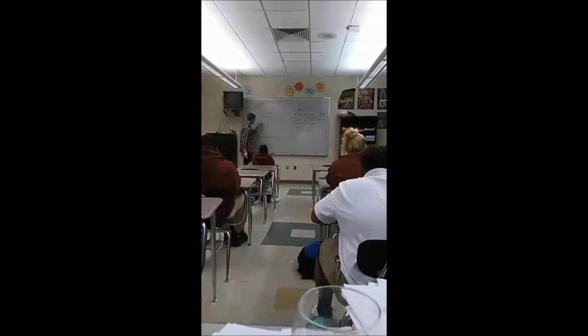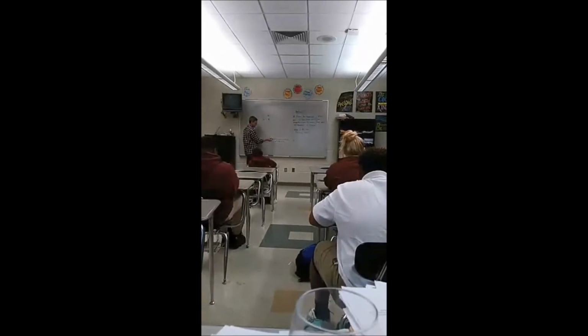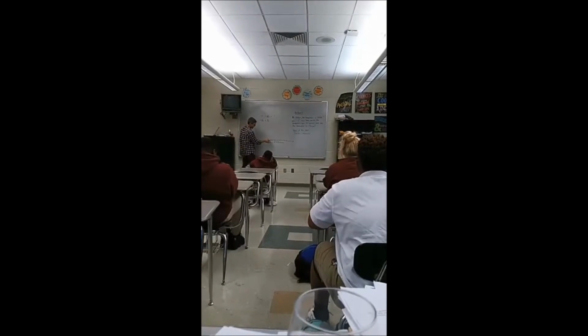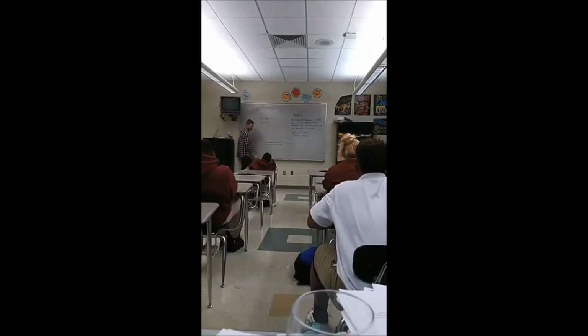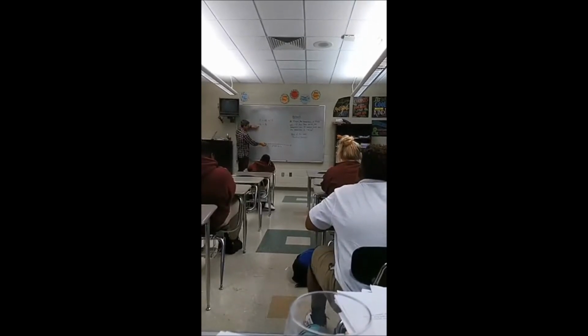Alright, so negative 12, and on a number line, we already discussed that if I'm adding something, I go to the right. If I subtract something, which direction do I go on a number line? Left. So I'm at a negative 12. I'm going to go left 5. So 1, 2, 3, 4, 5.